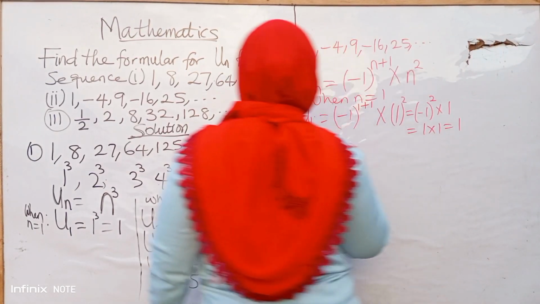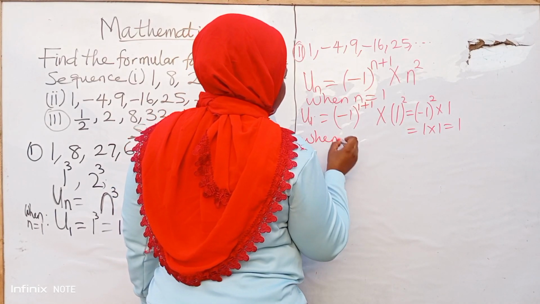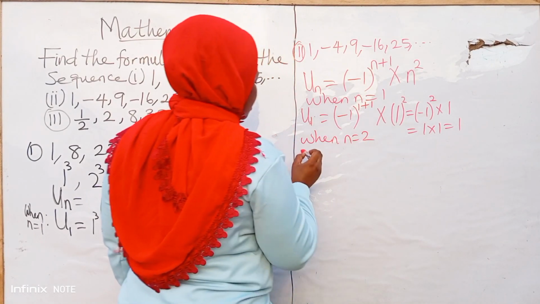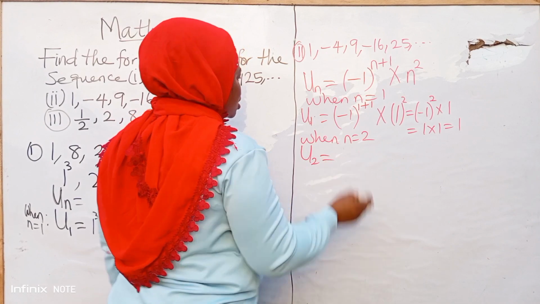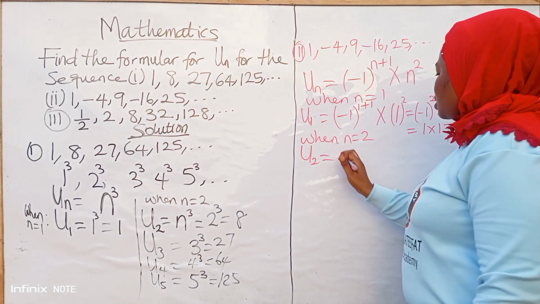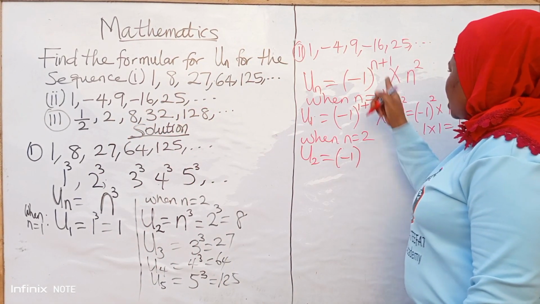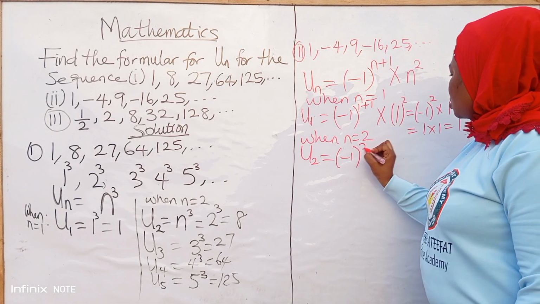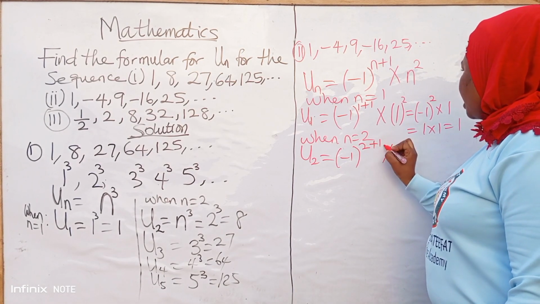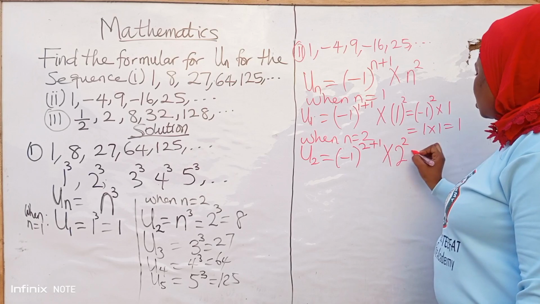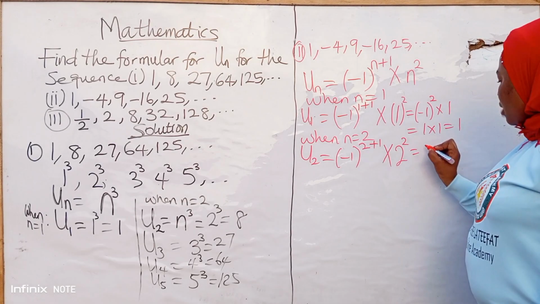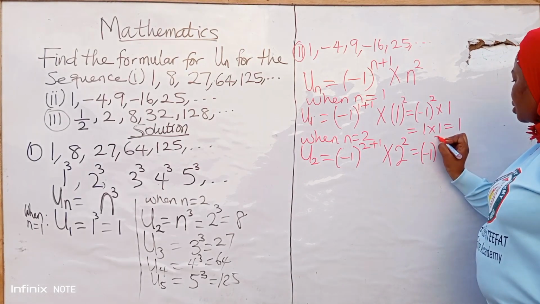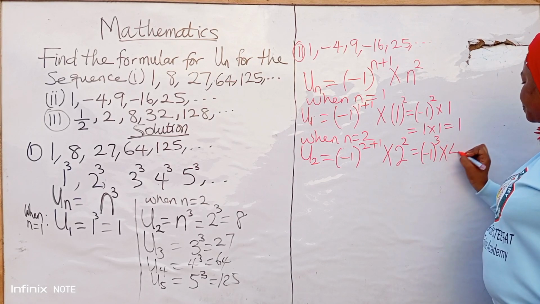So when n is equal to 2, the second term is going to be minus 1 raised to the power of, anywhere I say n, I'll put 2, so 2 plus 1, multiplied by 2 raised to power 2, which is equal to minus 1 raised to power 3 multiplied by 4.